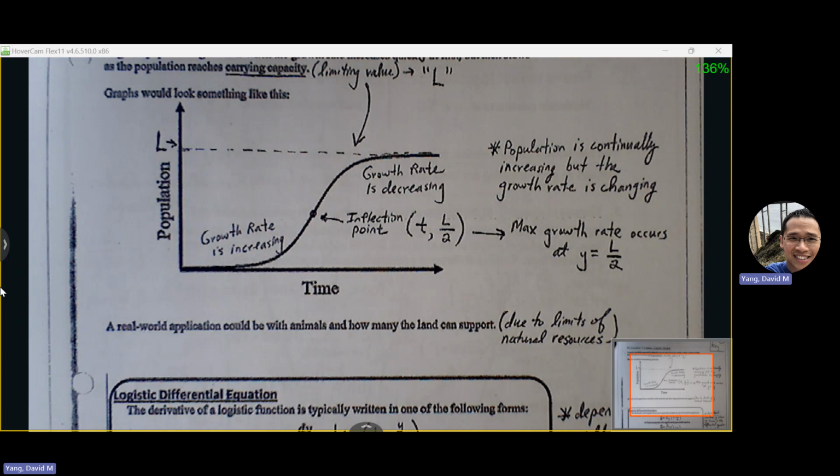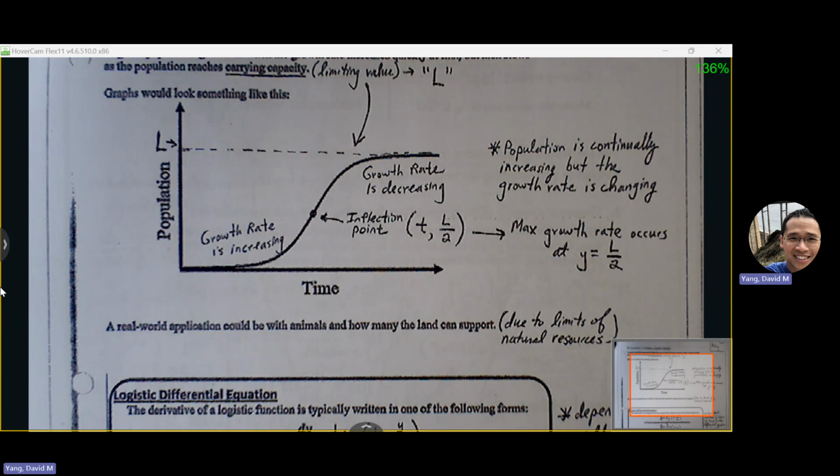It's going to occur at the time where your population is at half of your carrying capacity, or limiting value. So wherever your L is, L divided by 2 is where that point is going to occur.